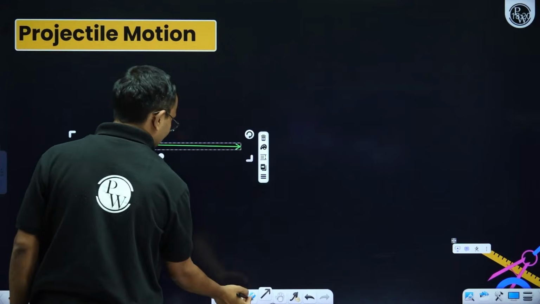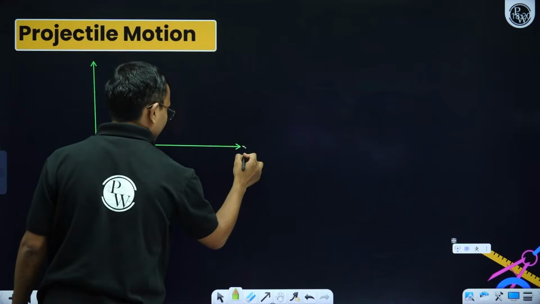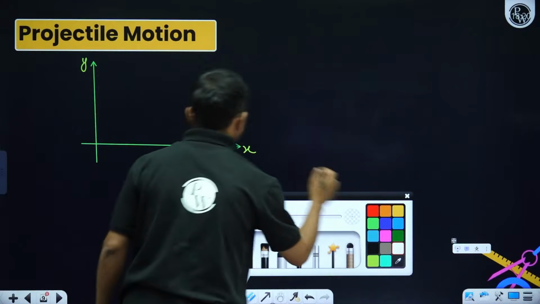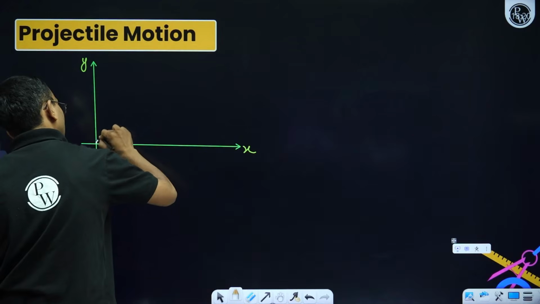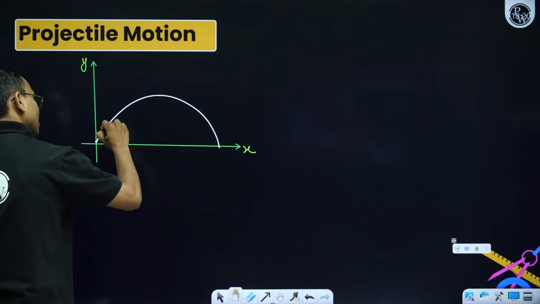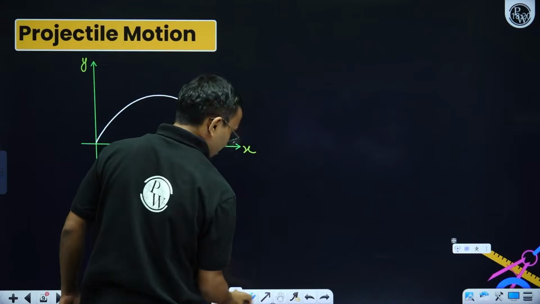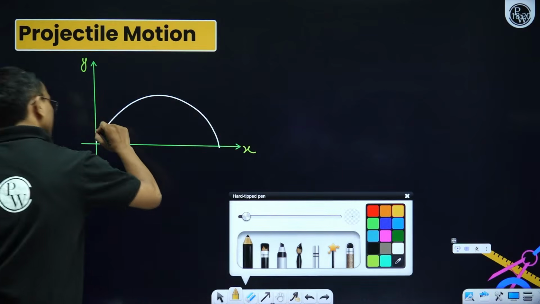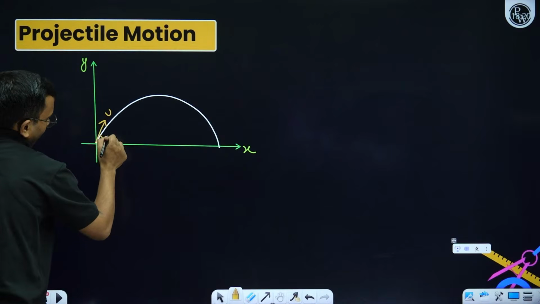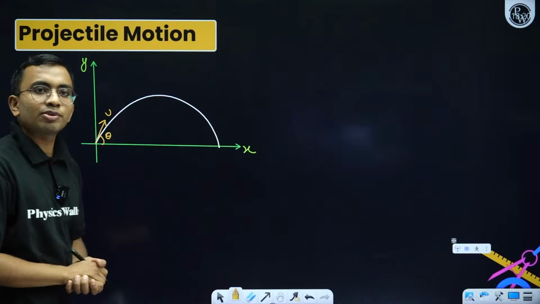This is my x-axis, this is my y-axis, and a particle is projected. It goes like this. It is projected with some initial velocity u at an angle of theta.